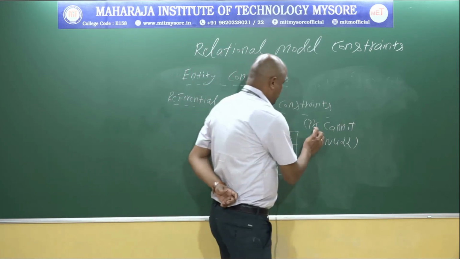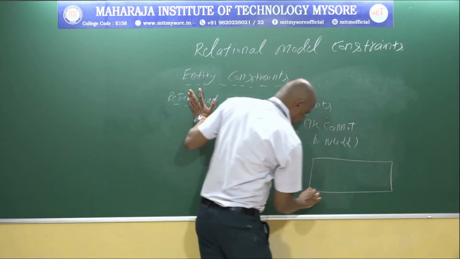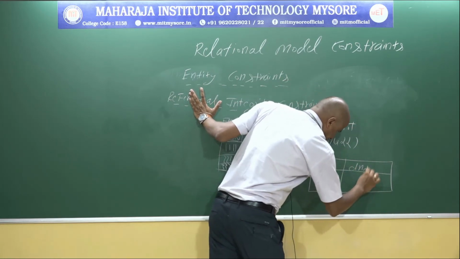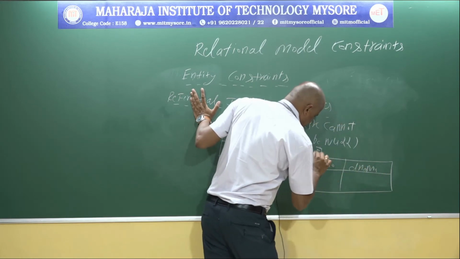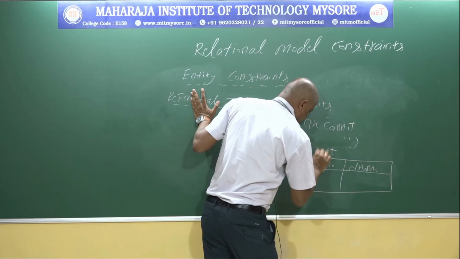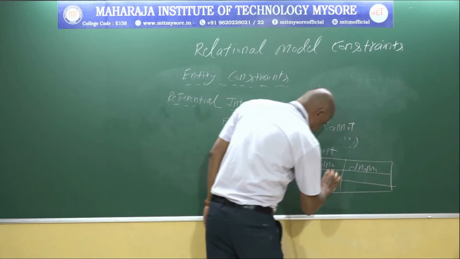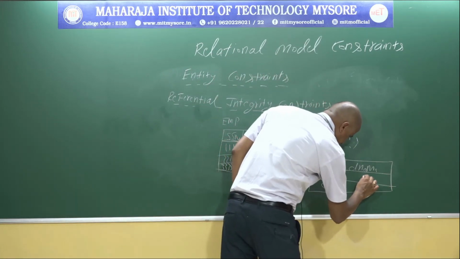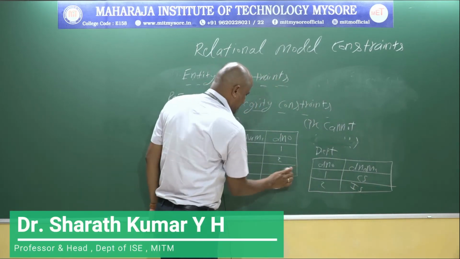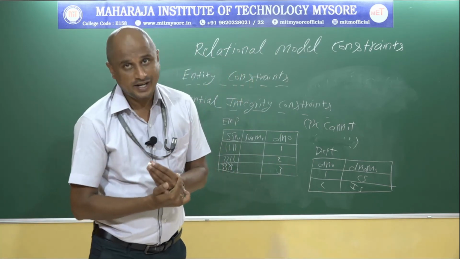Then the other table is the department table, with D number and D name, containing tuples 1 and 2, maybe CS and IS, two branches. So I'll put 3 here.